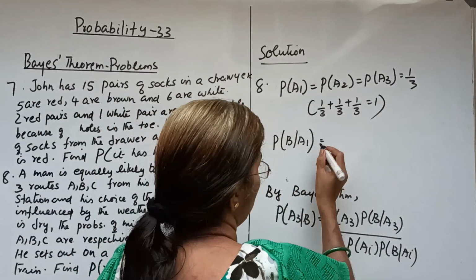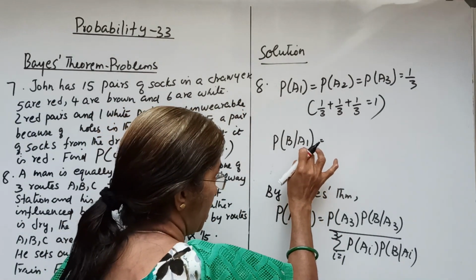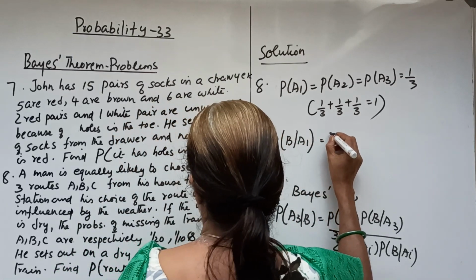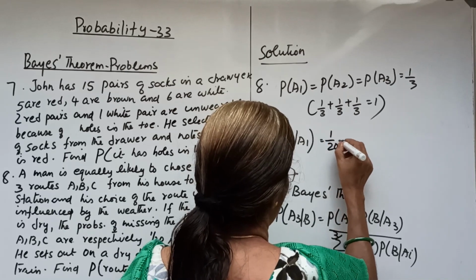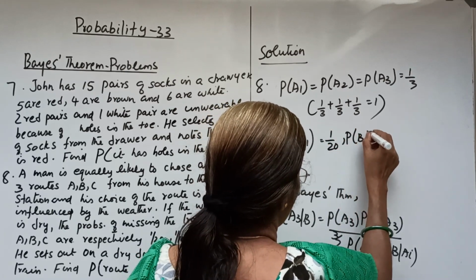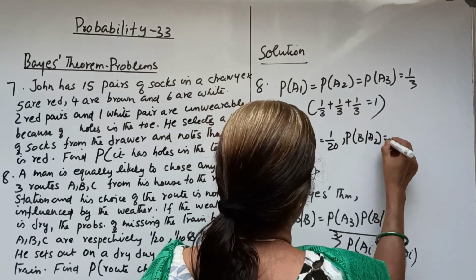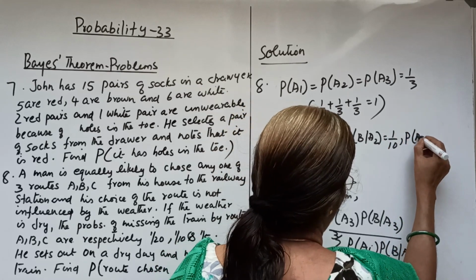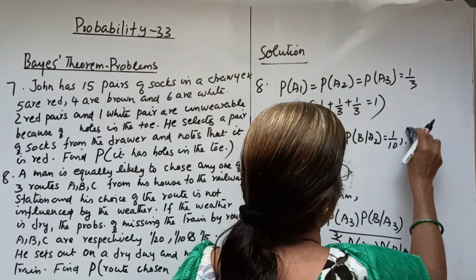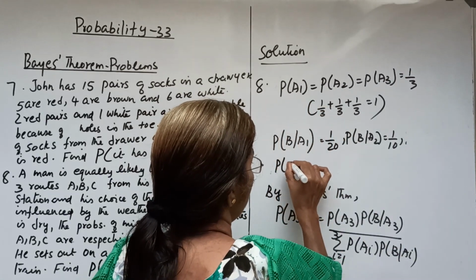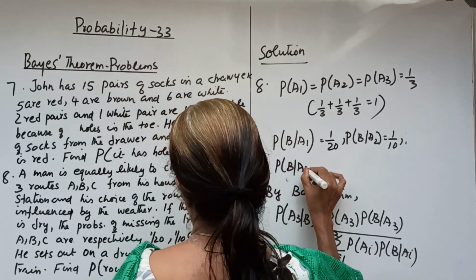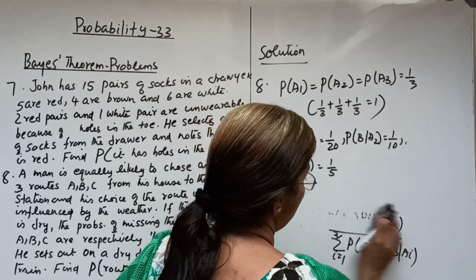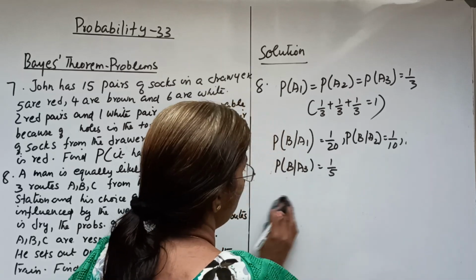So P of B given A1, that is route A, and B, he missed the train, is 1 by 20. P of B given A2 is 1 by 10, and P of B given A3 is 1 by 5. Okay, so we directly apply the result.